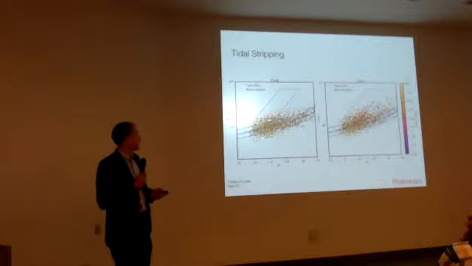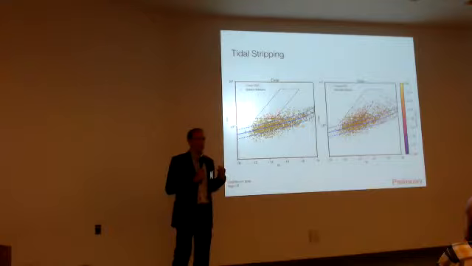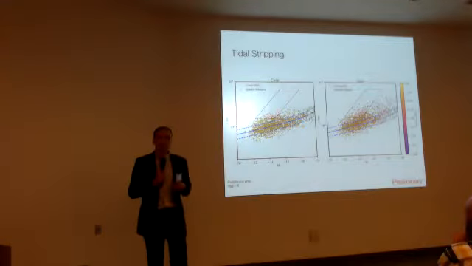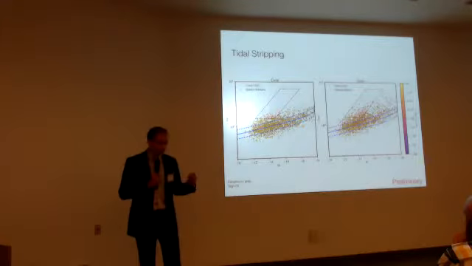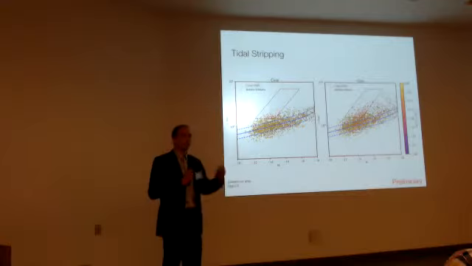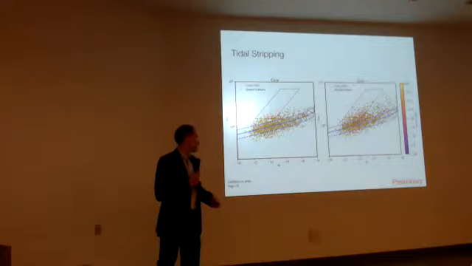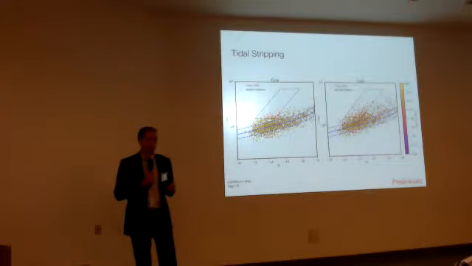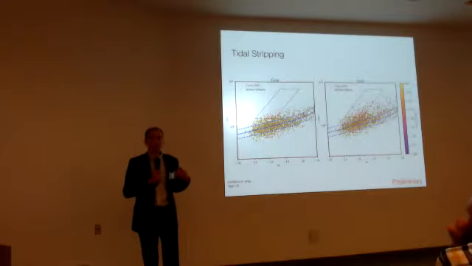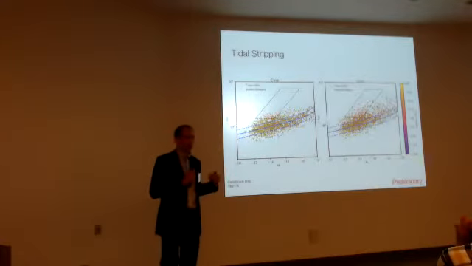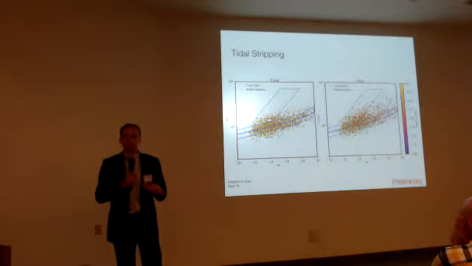And so to do that, we went into the Bolshoi simulation and picked out a Coma-like cluster object and tracked the subhalos that are in the cluster now back to their infall, and followed the orbits of those subhalos and determined the amount of mass loss that they experience and the change in the properties of the stellar mass and half-light radius that they experience as a result of those tidal interactions.